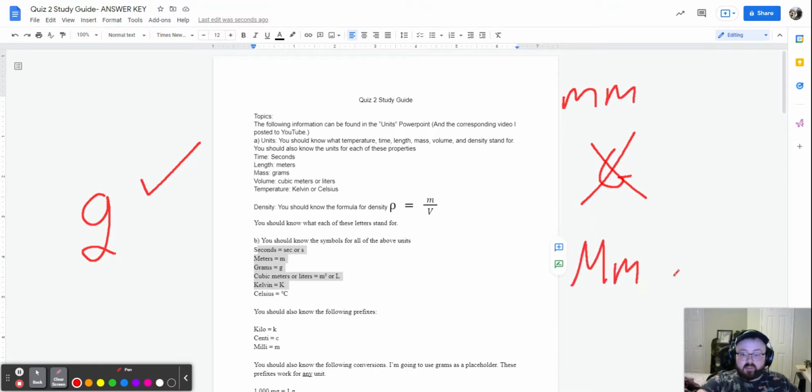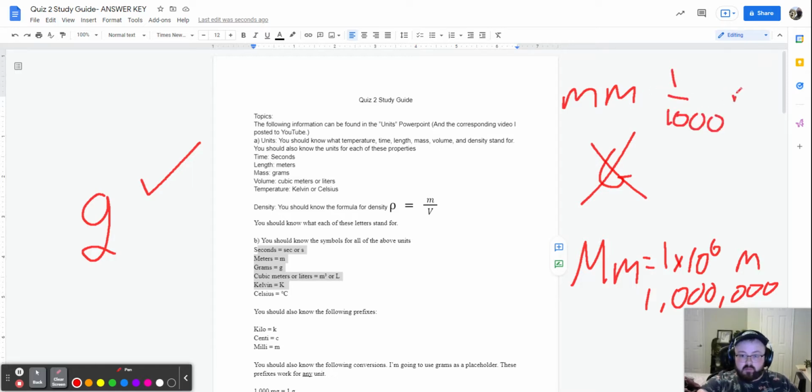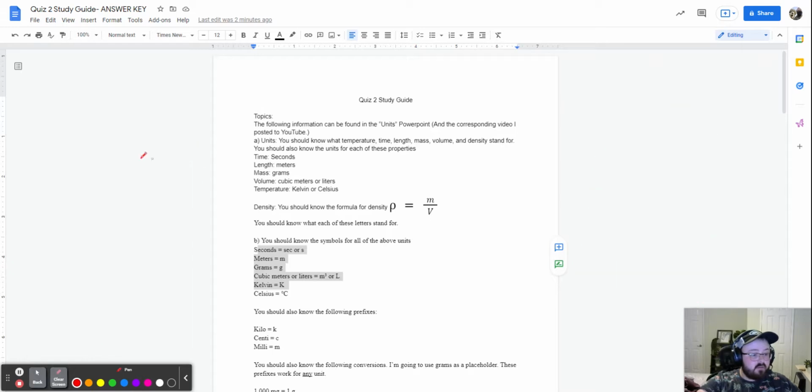Capital MM is a megameter, that's 1 times 10 to the 6th meters, a million meters. So it really does make a difference. This is a 1,000th of a meter, and this is a million meters. There's a big difference just by having it capitalized.